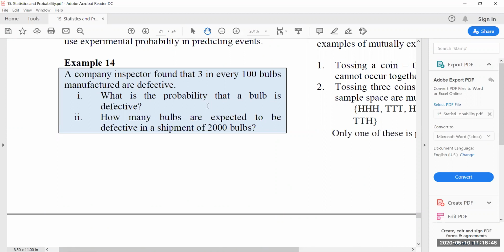Anybody? 3 over 100. Correct. Right? Because the number of defective bulbs is 3, and the number of bulbs in the sample is 100. So it's 3 out of the 100. Now, how many bulbs are expected to be defective in a shipment of 2,000? I want Johnson to answer this.